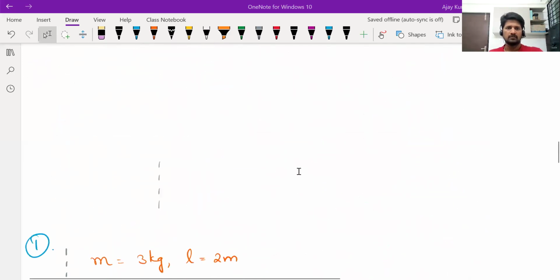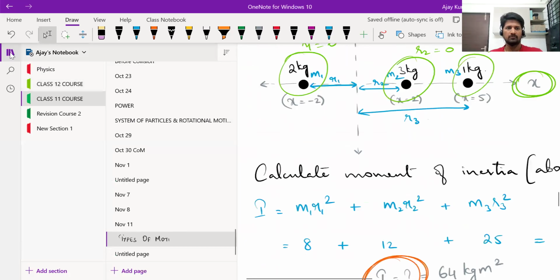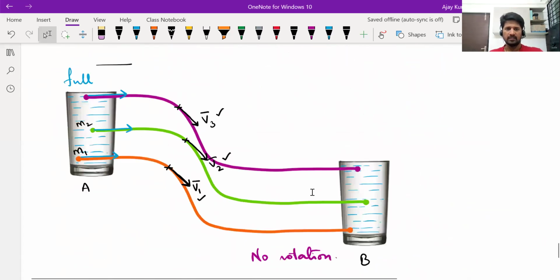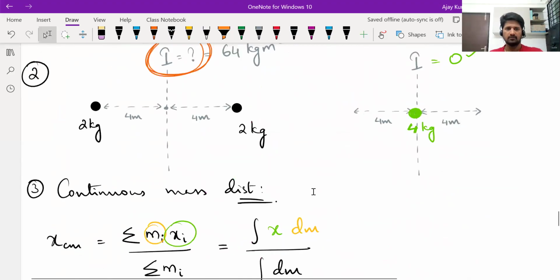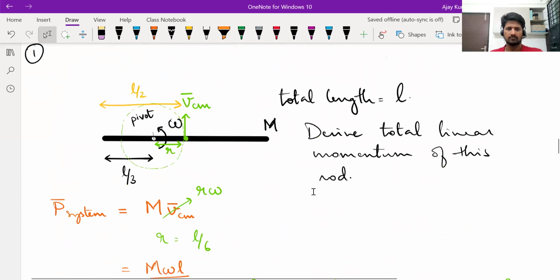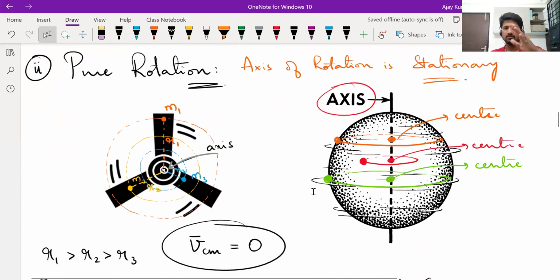But let's go back to where we first encountered this quantity called moment of inertia. We tried to derive an expression for kinetic energy. In pure rotation, when a system rotates about a fixed axis, we tried to derive an expression for its kinetic energy.